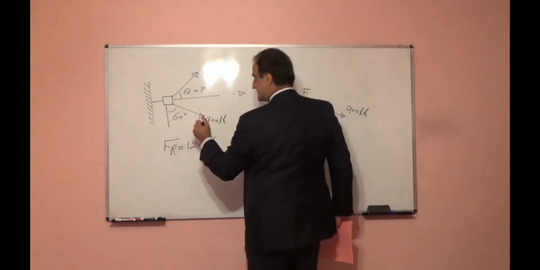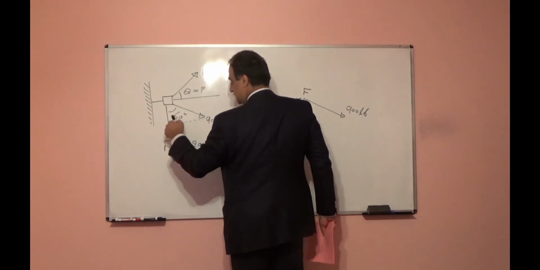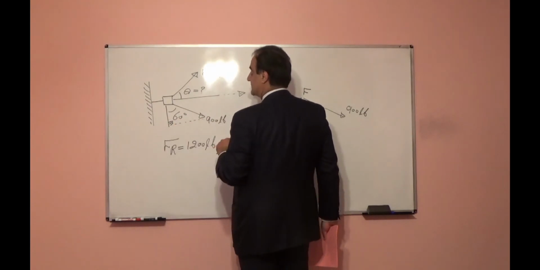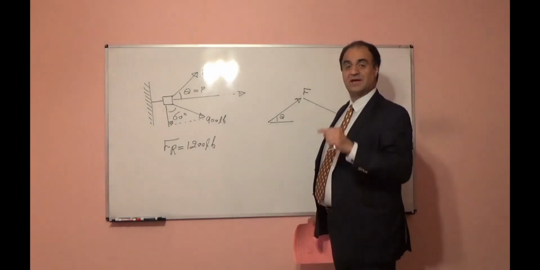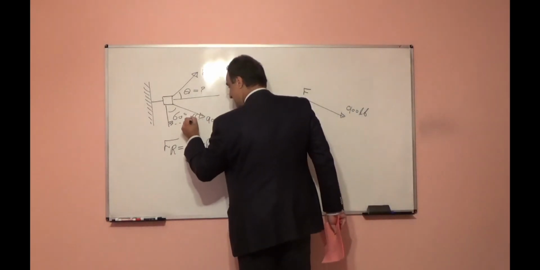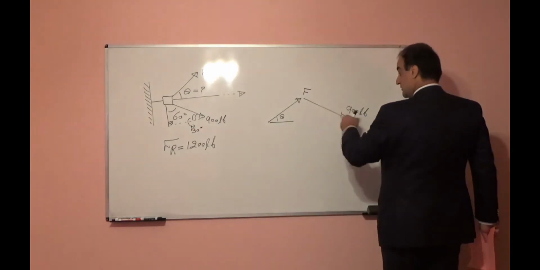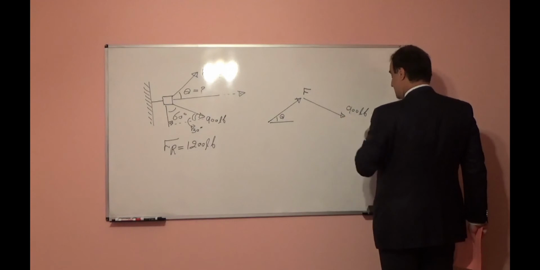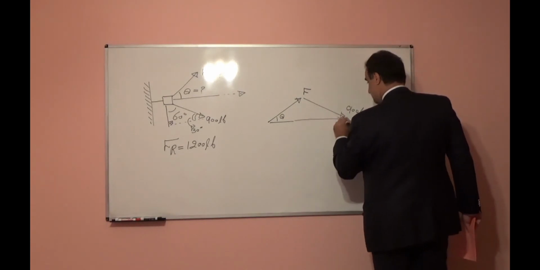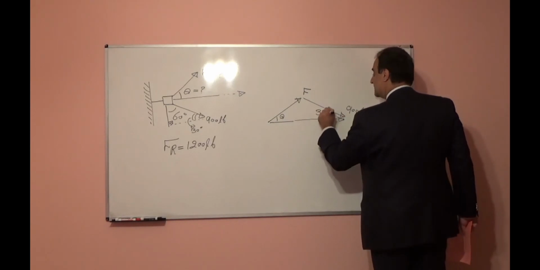And if this is 60 degrees, and the horizontal and vertical directions are perpendicular to each other, so this is 90 degrees, because the summation of all angles in one triangle is 180 degrees, so this angle will be 30 degrees. So this force magnitude will be 900 pounds, and with the horizontal direction this angle will be 30 degrees.